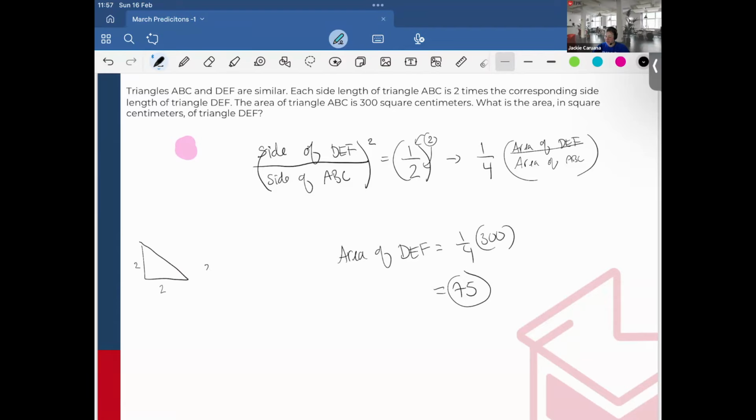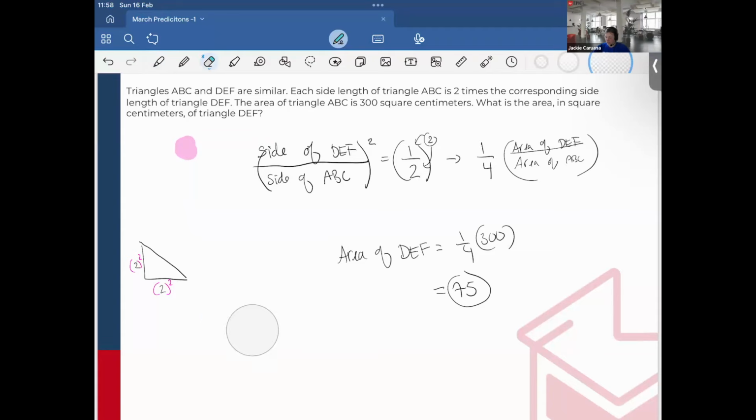What happens? This would have an area of 1. The scale factor, I square each side for the new triangle, so each of these would be 4, which would be 4 times 4 divided by 2, which is 8.